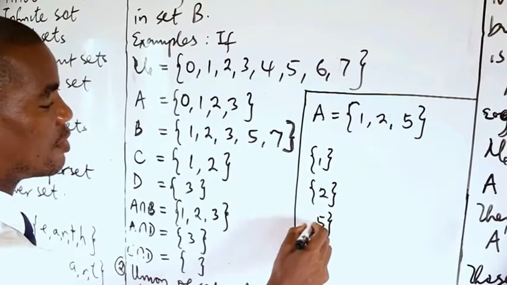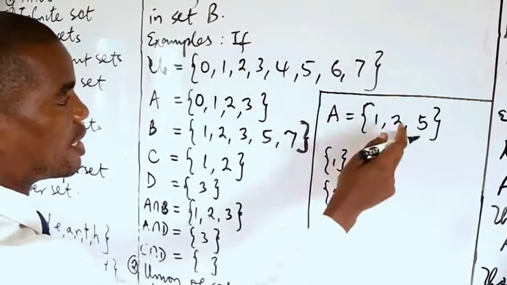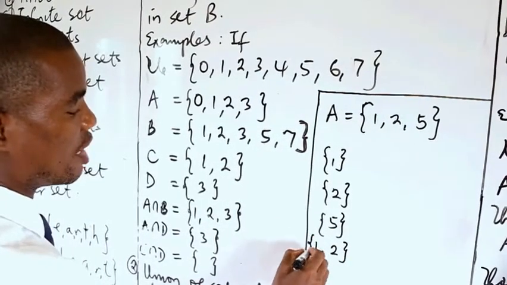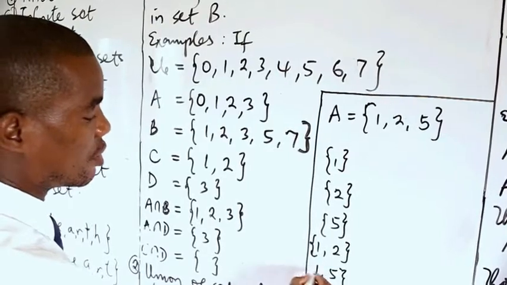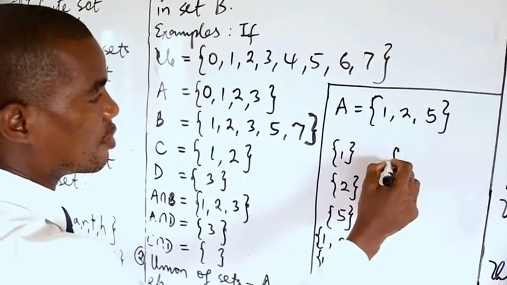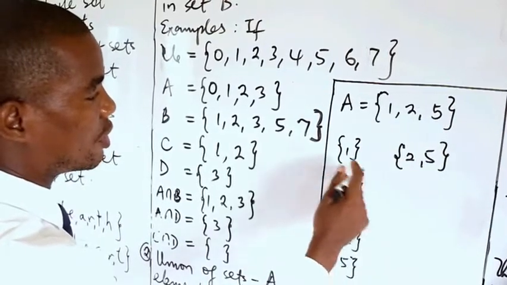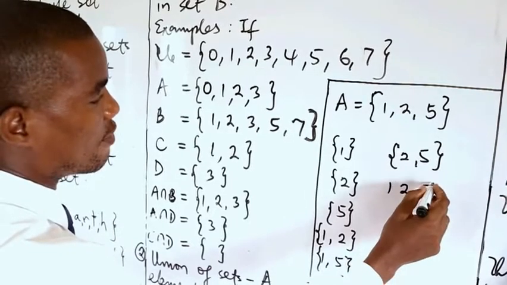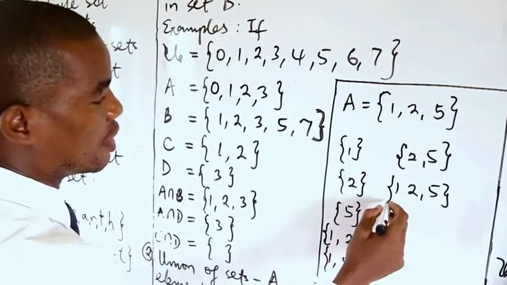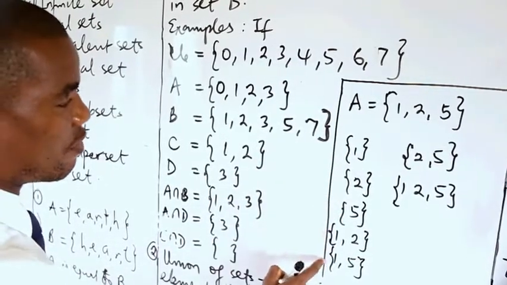We can also derive 3 as a single set. Then, by combining them 2 by 2, we can derive this from it. We can also derive this. We can also derive this set. We can also derive the whole thing, 1, 2, and 5. If you look at this one, how many are there? 1, 2, 3, 4, 5, 6, 7.